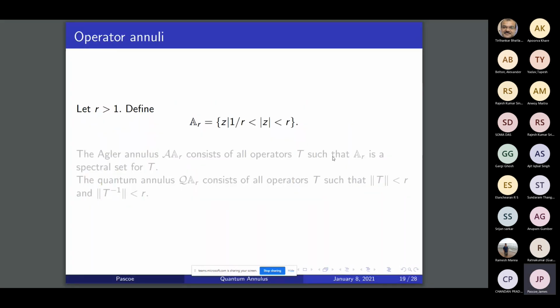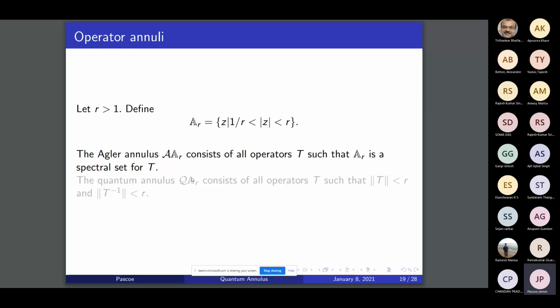Okay, so now first we're going to define the annulus with parameter R to be the set of complex numbers z where |z| is between 1/R and R, where R is some number that's bigger than 1. So this essentially looks like a donut. You've got a little circle inside and then a big circle outside.